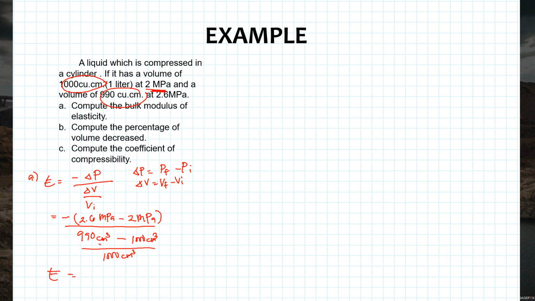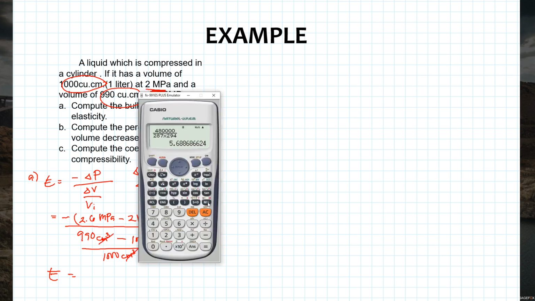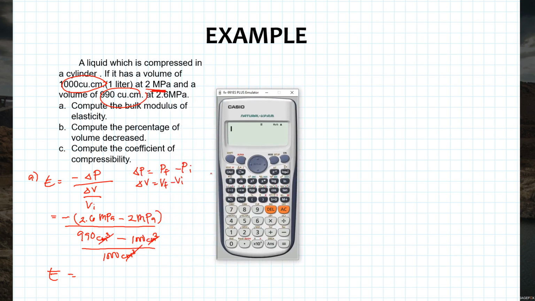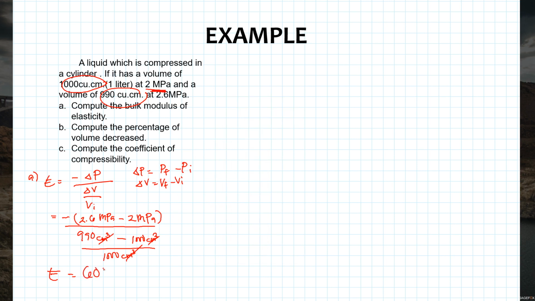So the unit cubic centimeters will be cancelled out. What unit remains is the megapascal. So directly computing all this, we have 990 minus 1000 over 1000, and the answer is 60 megapascal.